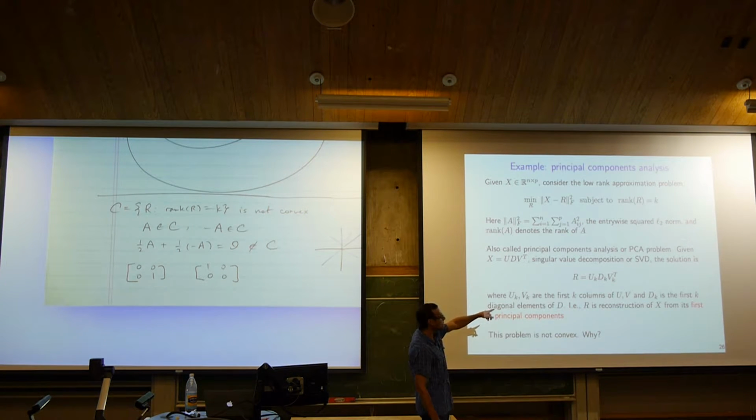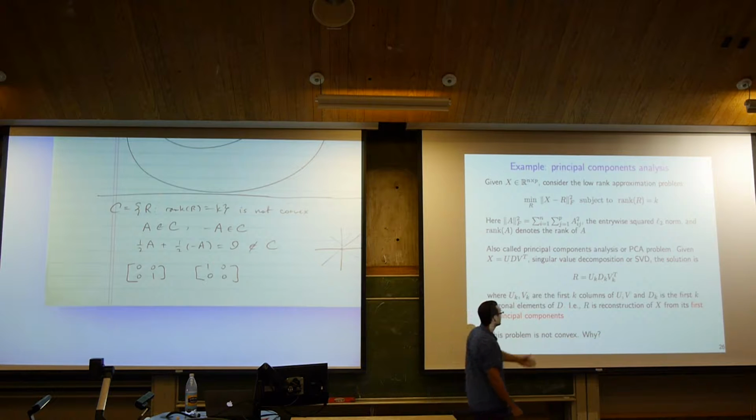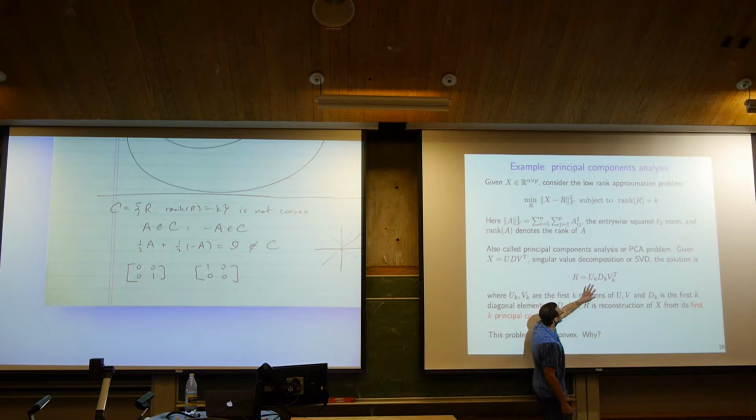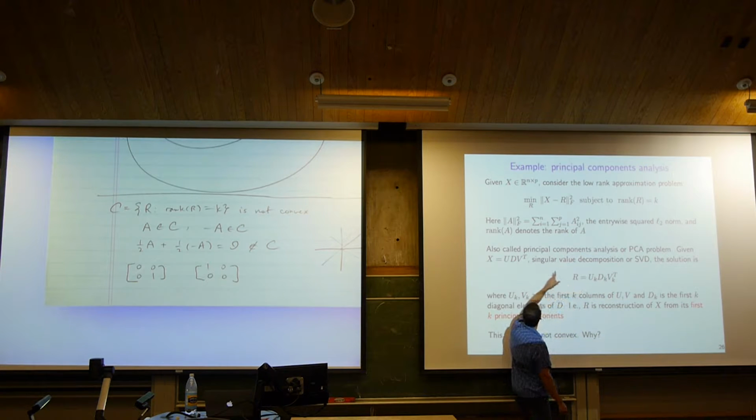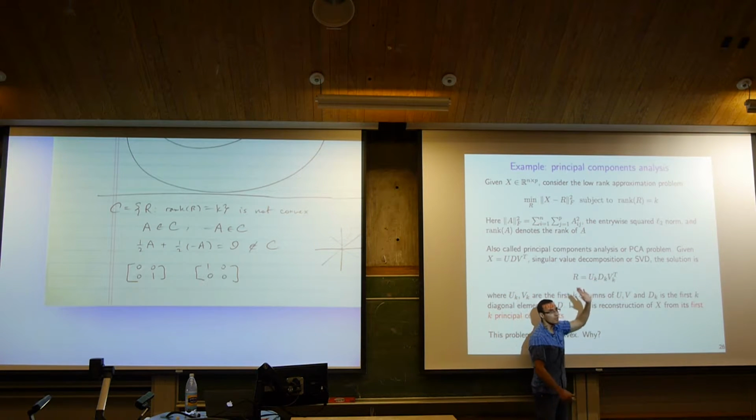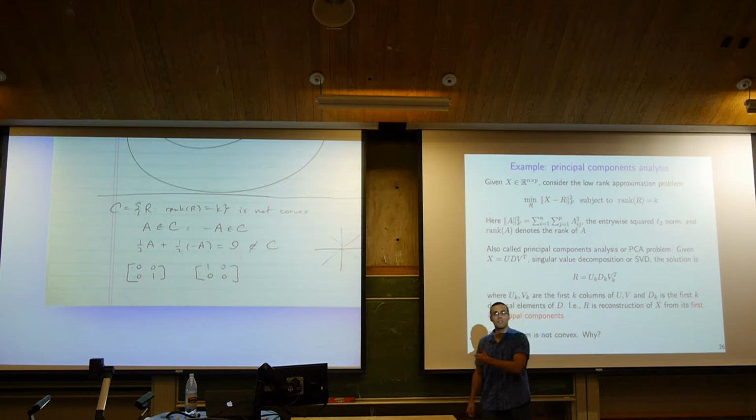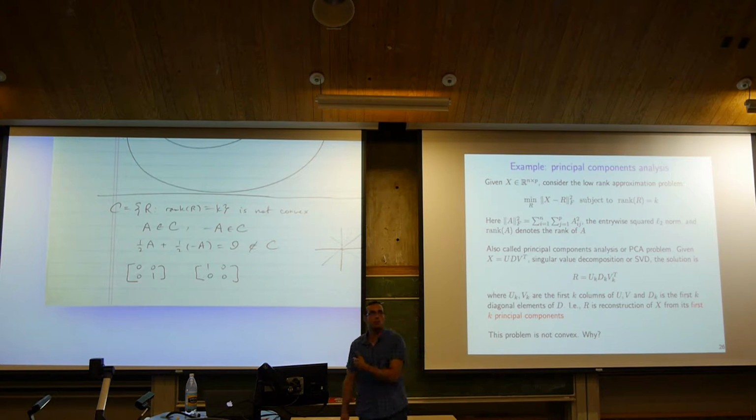Nonetheless, we can actually solve this problem. For those of you who've taken stat and ML courses, you'd hopefully recognize this: take the SVD of X and truncate it. Take the singular value decomposition of X, which I write as U D V transpose, and then just delete all the diagonal elements in D after the kth entry, setting them equal to 0.